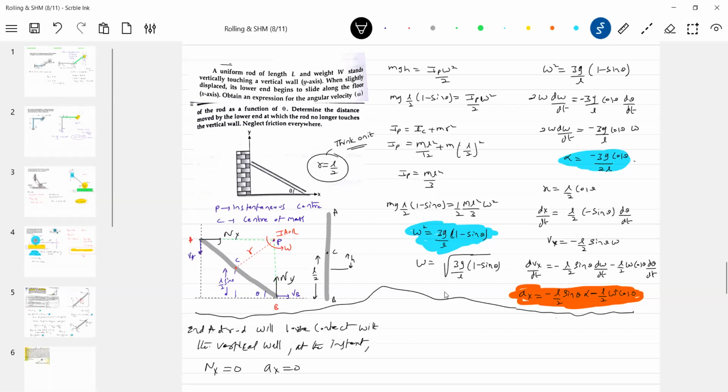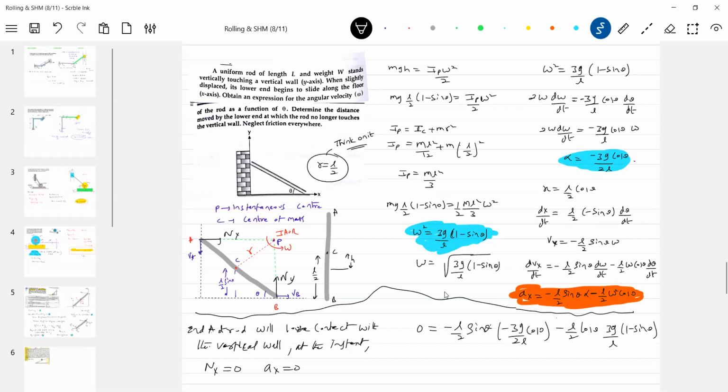AX will be 0. 0 equal to minus L by 2 sine theta, alpha is minus 3g by 2L cos theta, minus L by 2 cos theta omega square. In place of omega square will be 3g by L times 1 minus sine theta.